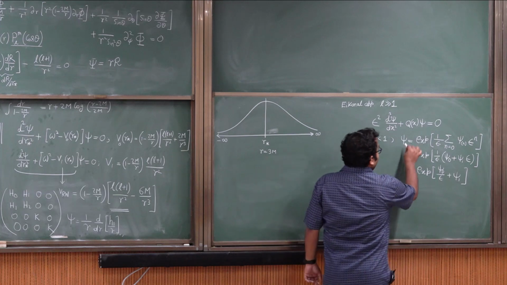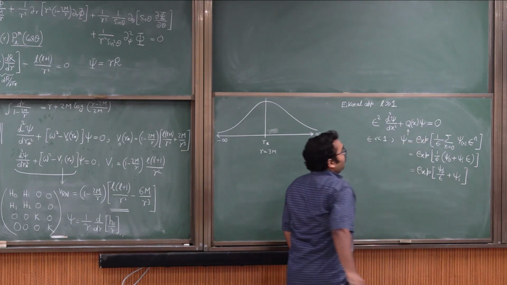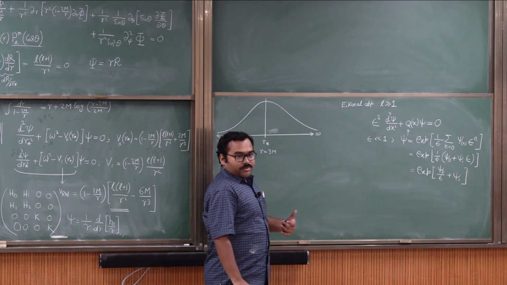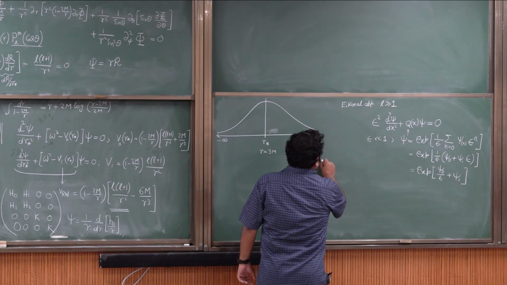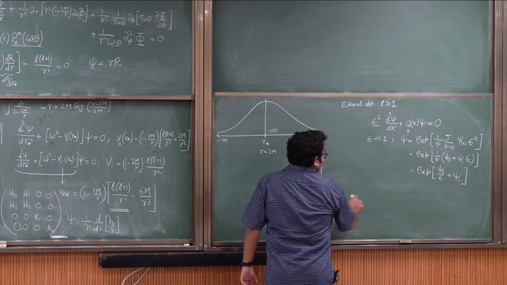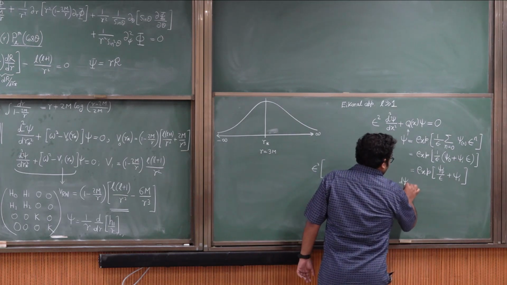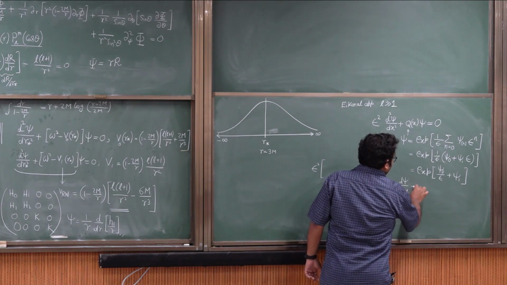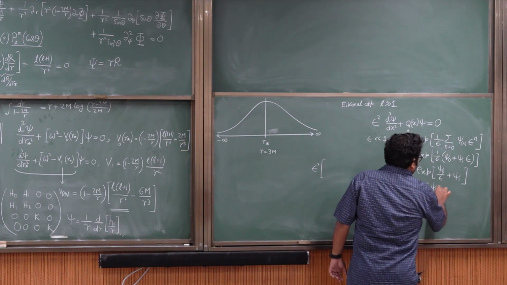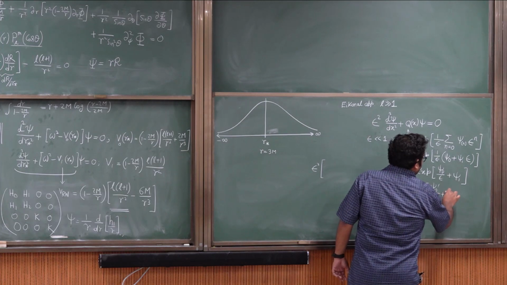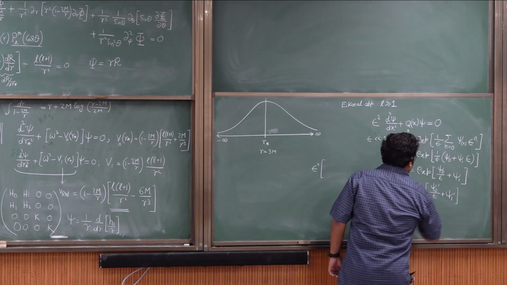Then you plug this back over here. So you just have to take two derivatives of it. Let me do it step by step. So d psi dx, if I do, I will get psi, then I will have psi 0 prime by epsilon plus psi 1 prime.